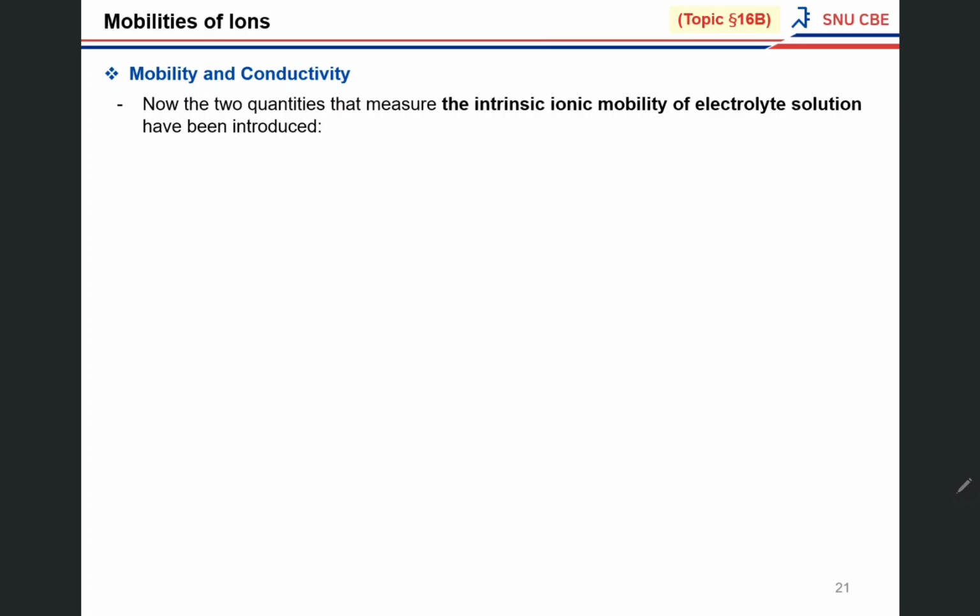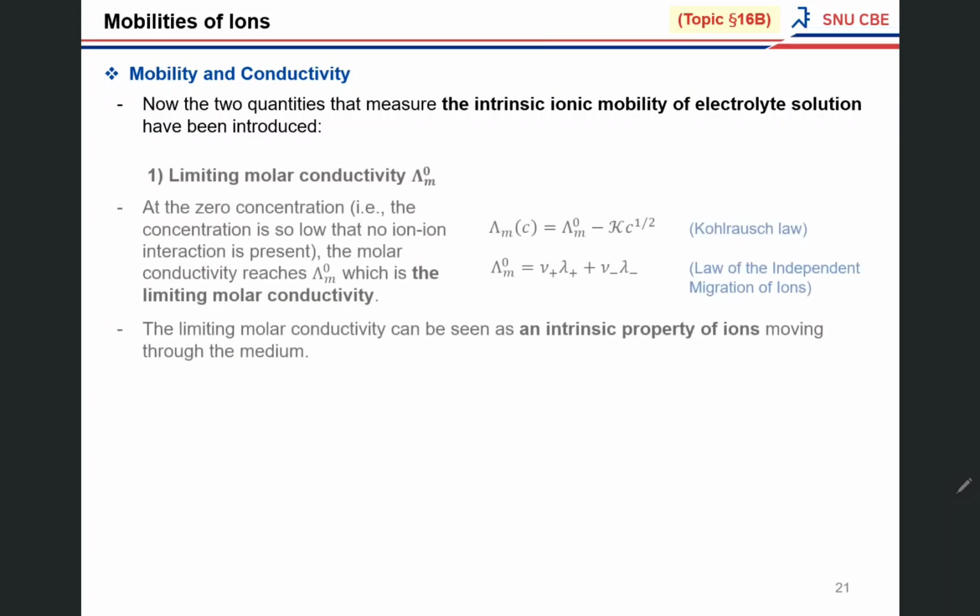So now we have two quantities that measure the intrinsic ionic mobility of the electrolyte solution. One is the limiting molar conductivity, capital lambda m, which is from the Kohlrausch law. This is what we have studied.